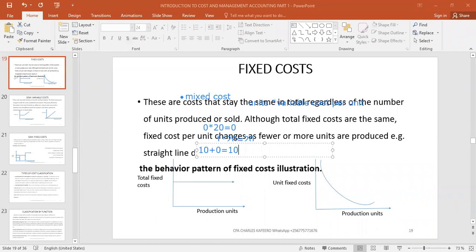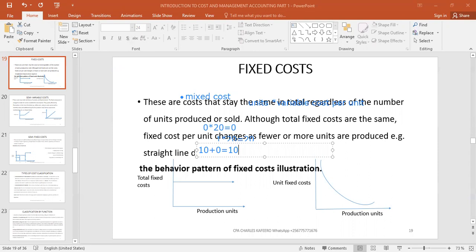So the implication here is that when you are drawing total fixed costs, they are not starting from 0. We start from where the fixed costs started or where they ended. You can keep multiplying 2 times the 20,000, and you will see that you'll be getting 40,000, meaning it is growing in a proportionate way.